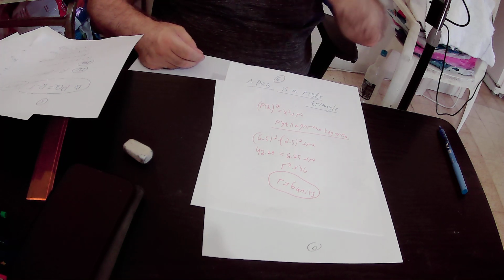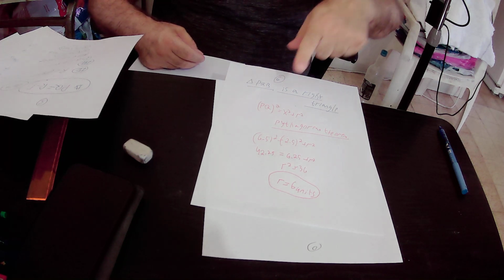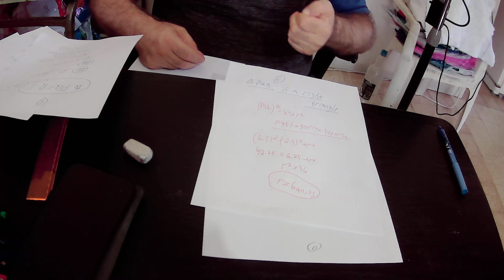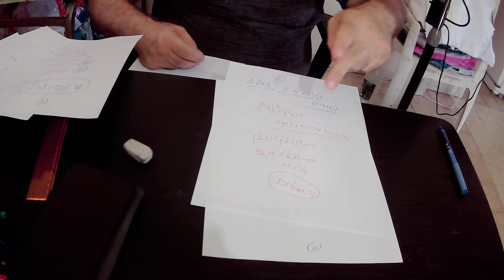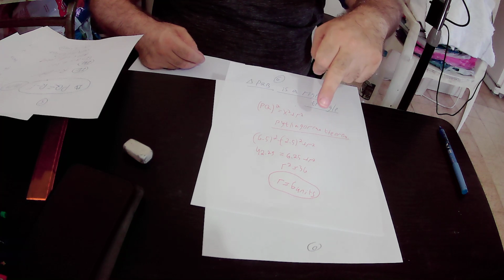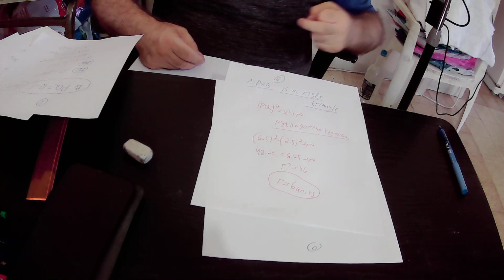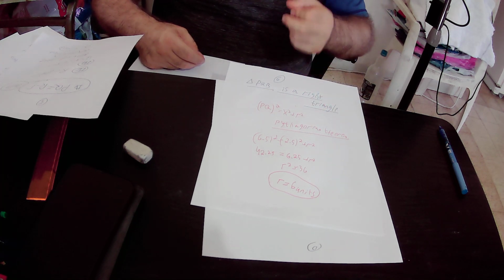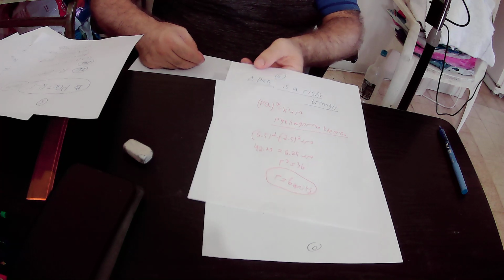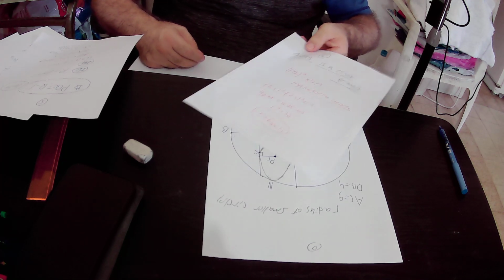We know that PQ equals 6.5 units, x equals 2.5 units, and we solved this simple equation, and we found out that the radius of the small circle equals 6 units. Again, the radius of the small circle equals 6 units.